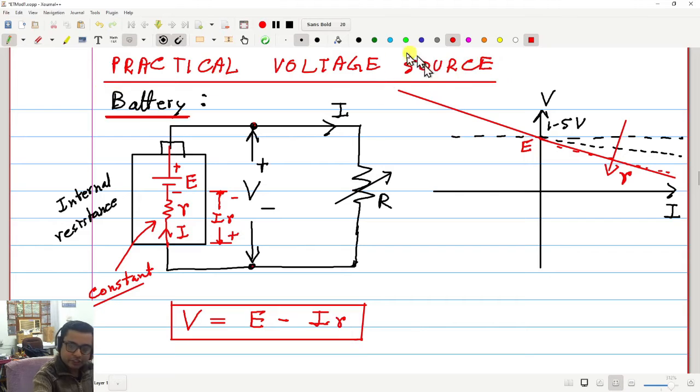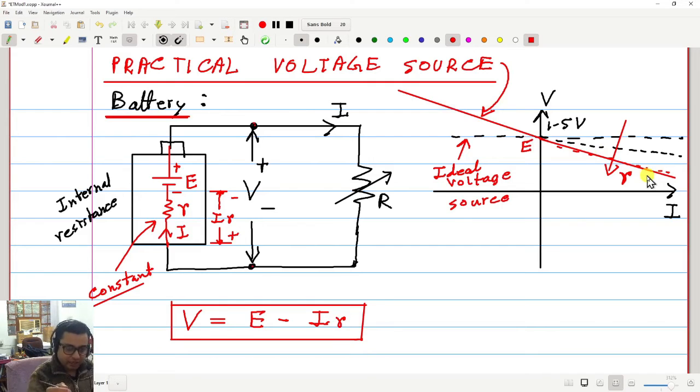For an ideal voltage source, what happens? This graph should remain horizontal. So this is how the graph should look for an ideal voltage source. But for a practical voltage source, the graph looks like this, slanted down.